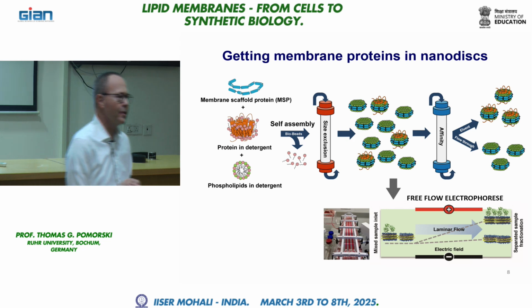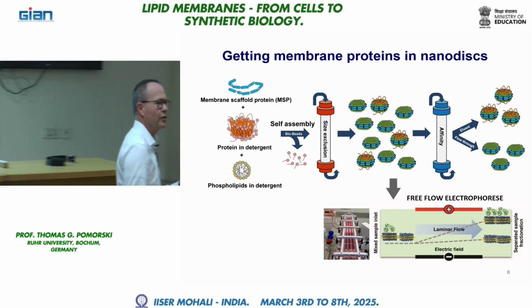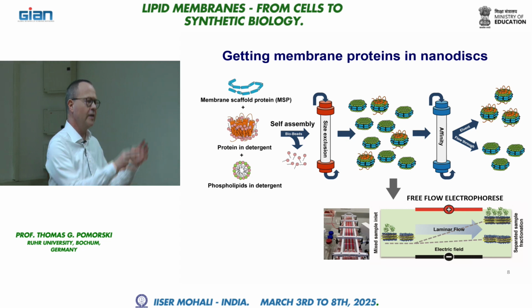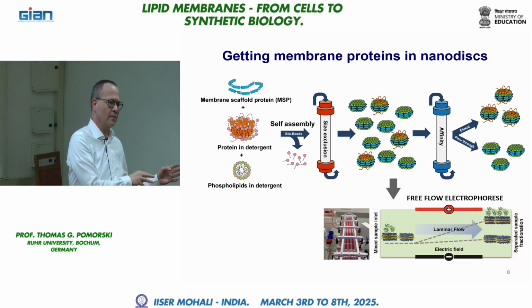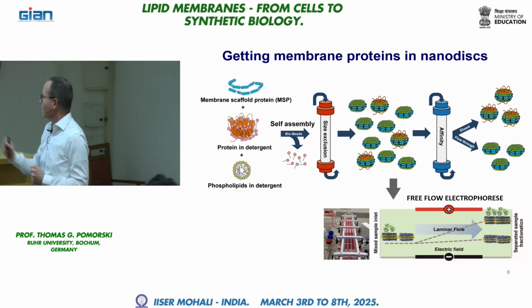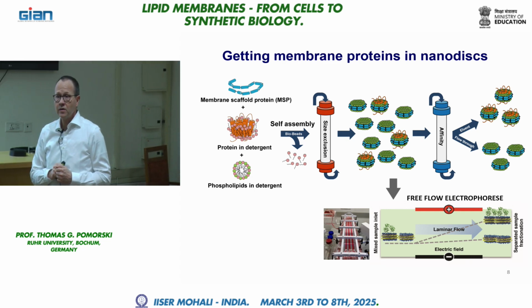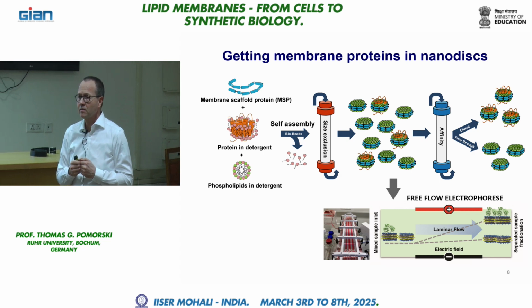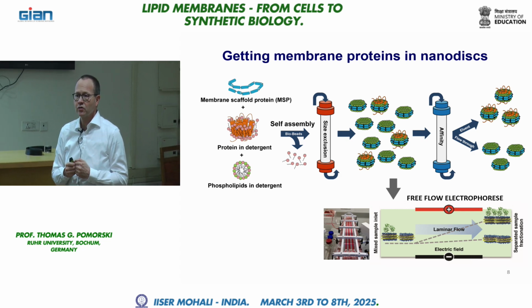Negative. Remember, in biology, there's only negatively charged lipid existing or neutral lipids. Only when you go to synthetic lipids, you can make positively charged. Okay? So if you make these nanodiscs with a part of negatively charged lipids, they would be negatively charged.